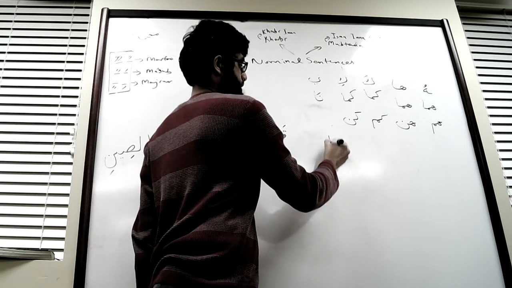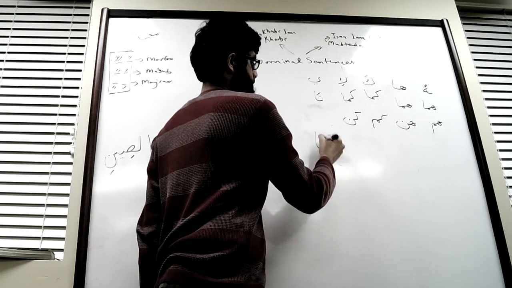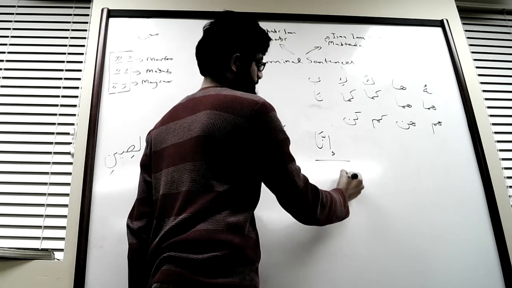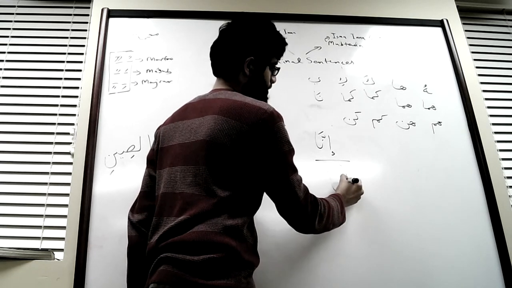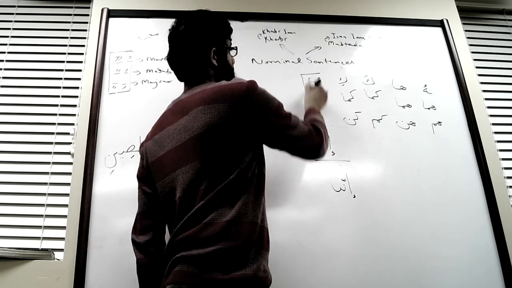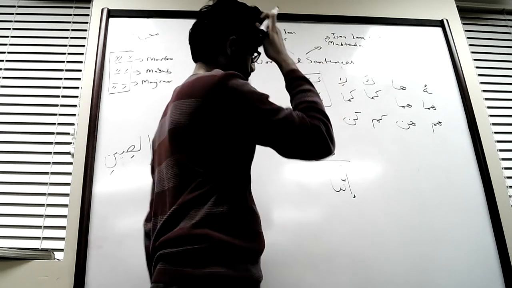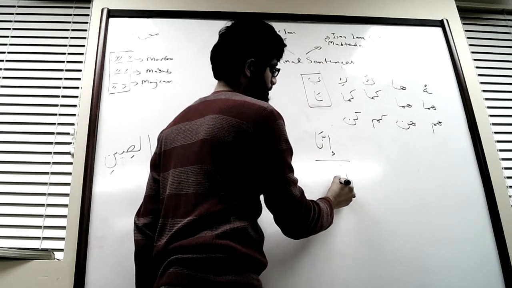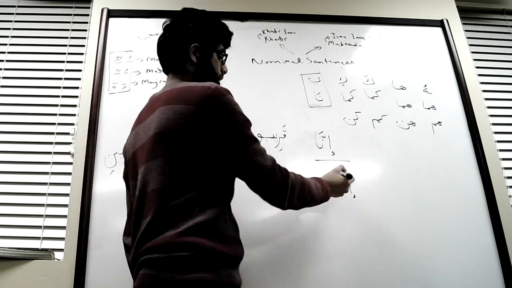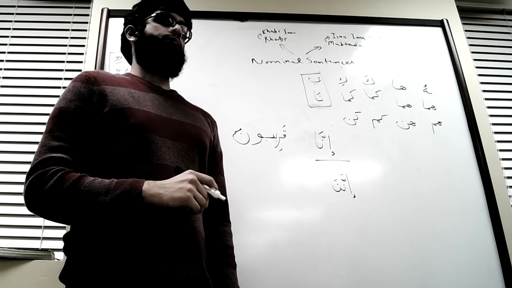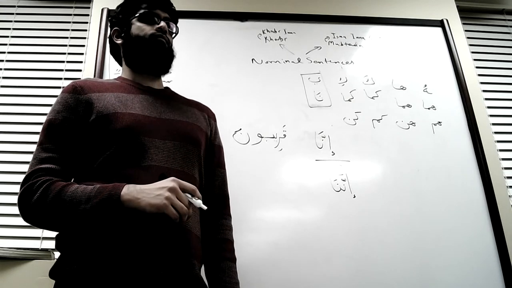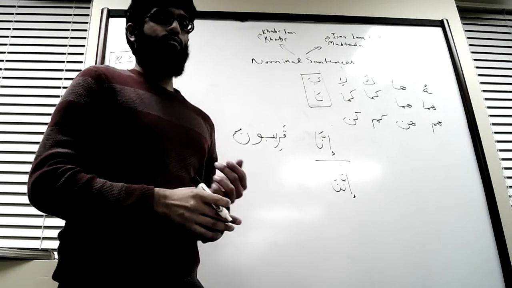Inna with noon with a shadda, or you can say innana. This is just for ana and nahnu, where you have two forms and they're both valid. Innana makes sense, but in innani, why is there a noon? It's just how the Arabs say it.